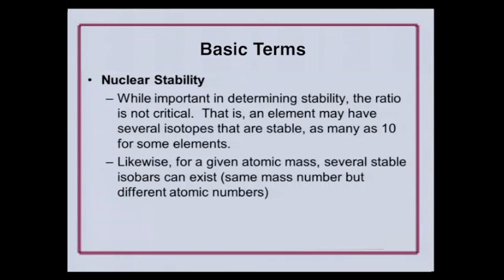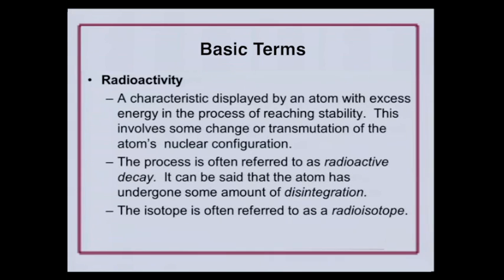Now, as we've already alluded to, that's nuclear stability. And in order to remove itself from being unstable and reach stability, those that are unstable take on this thought of being radioactive. It is a characteristic by which an atom with excess energy is in the process of trying to reach that stable environment. This involves some change or transmutation of the atom's nuclear configuration, and it is referred to as radioactive decay.